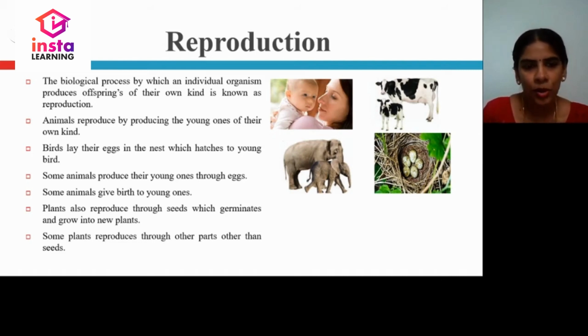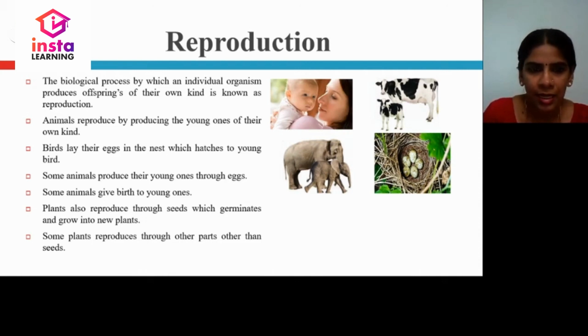Animals reproduce by producing their young ones. Some animals produce their young ones by laying eggs or by giving birth. Elephants and cows produce their young ones by giving birth, whereas some animals produce eggs. We can take an example: chicken.